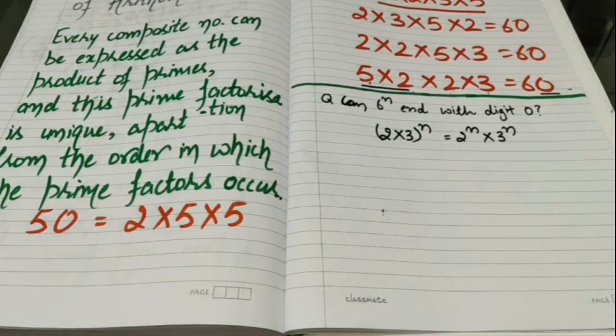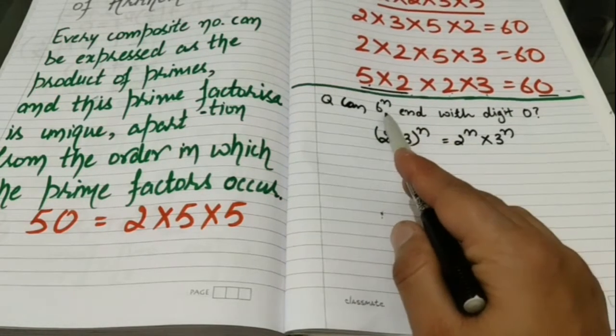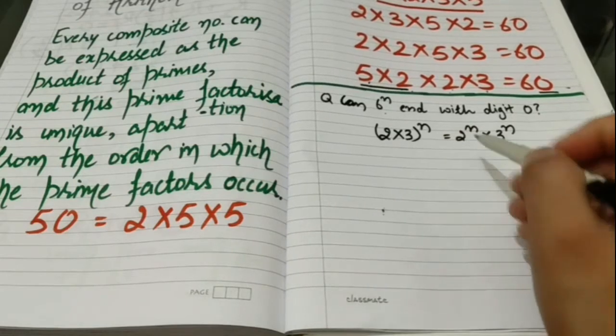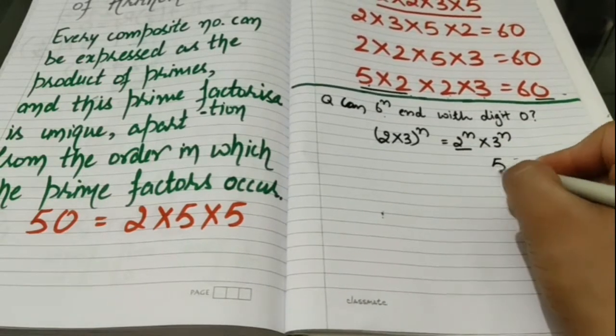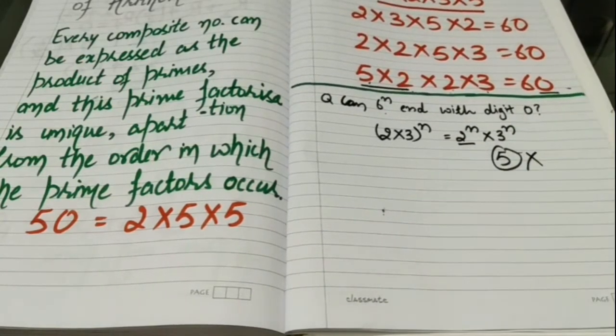So you can see that the prime factors of 6 power n contain 2, but they do not contain 5, so it can never end with the digit 0. But we have to answer it with reference to the fundamental theorem of arithmetic.